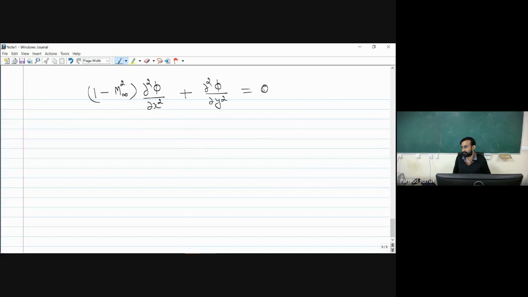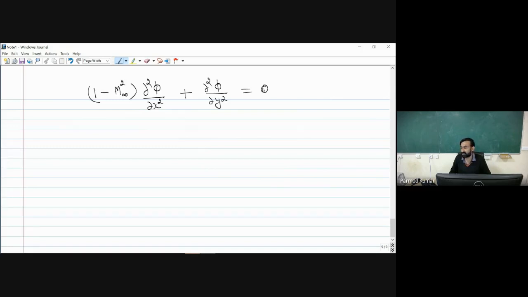Probably, if you have studied compressible flow, this M infinity I am referring to over here is nothing but the Mach number of the free stream. Okay, and this phi is my velocity potential function. So this is nothing but the equation of the velocity potential function for isentropic compressible inviscid flow. Okay, so once again I am repeating, this is the equation for the velocity potential function in isentropic inviscid compressible flow.